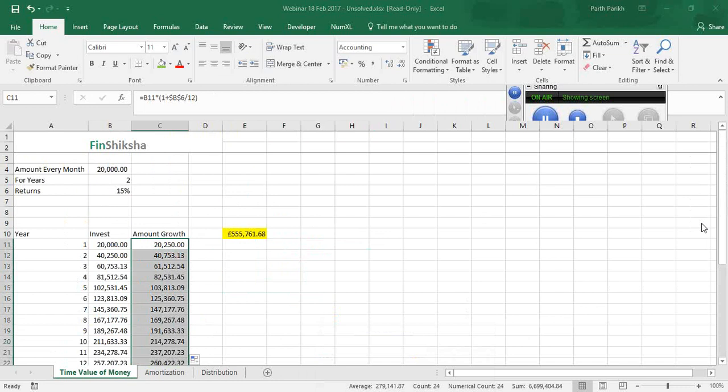Now there is another application, amortization. Like FV, future value, here I want to find out, given my present value, what I have to pay every month.